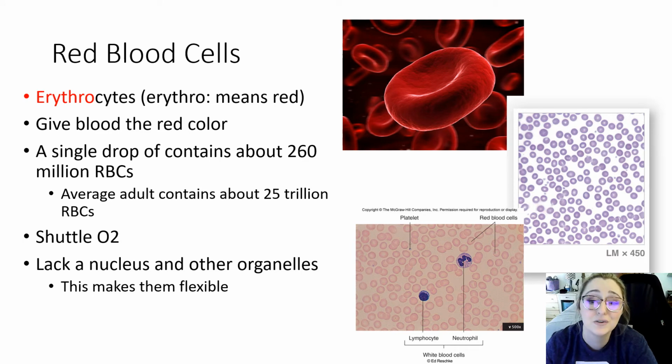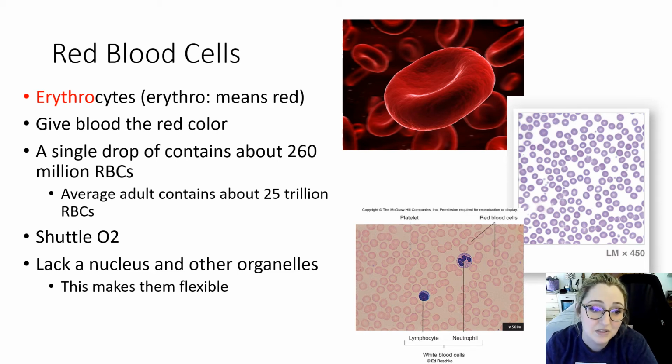So moving on to red blood cells. These are also known as erythrocytes. Erythro means red, cyte means cell. It literally just translates into red cell. These cells are going to give your blood its red color. A single drop of blood is going to contain about 260 million red blood cells. That is a lot, right?